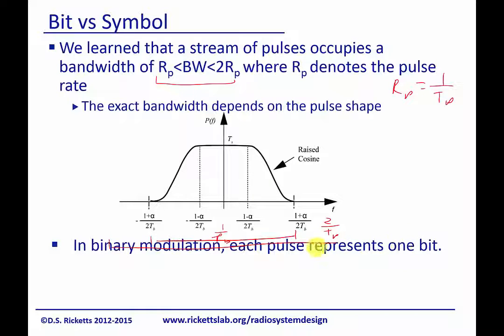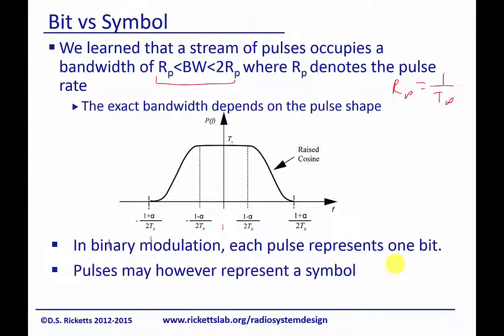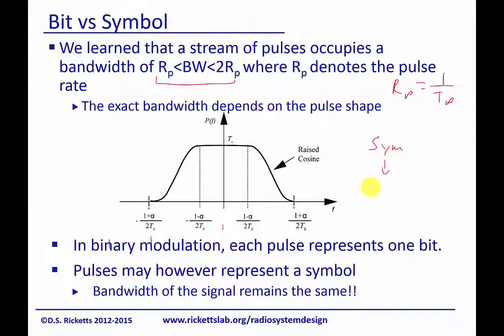In binary modulation, each pulse represents a bit. However, as we talked before, pulses can also represent a symbol. And this is important because each pulse has a fixed bandwidth. Going back to the idea of my symbol, it has a fixed bandwidth, but the number of bits that the symbol can transmit depends upon my modulation.